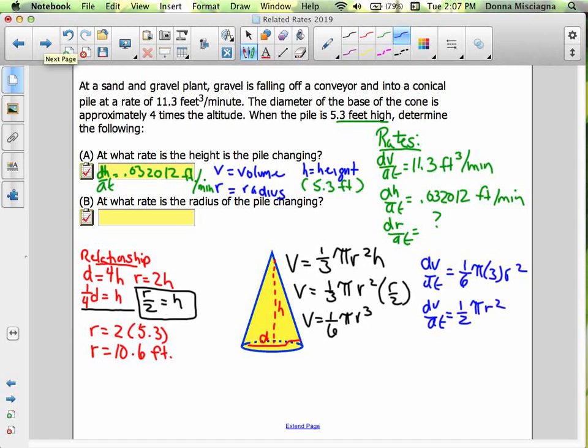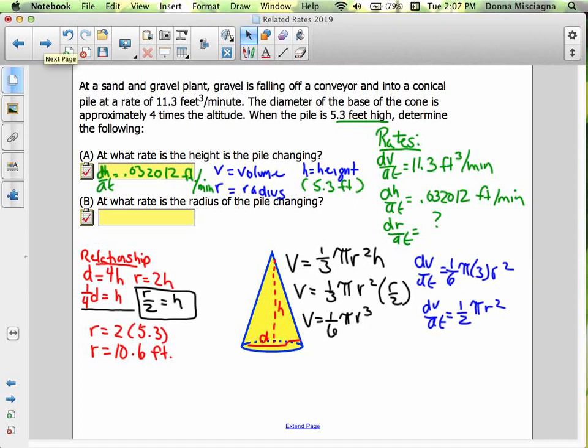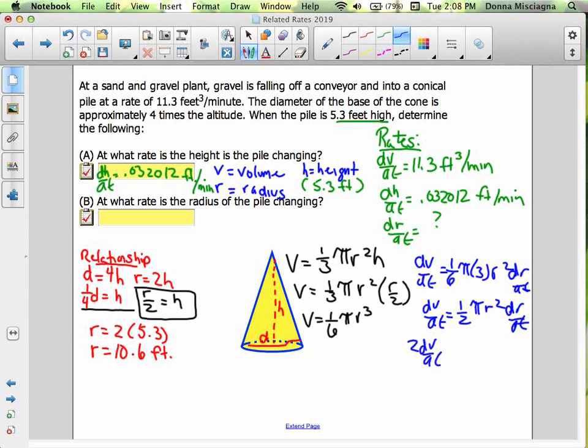Oops, I forgot the dr dt. I ran out of space and just stopped writing. dr dt, because this is with respect to time. Now we need to simplify that. We'll multiply both sides by 2 so that we have 2 dv dt, and then divide by pi r squared, and that will give us dr dt.